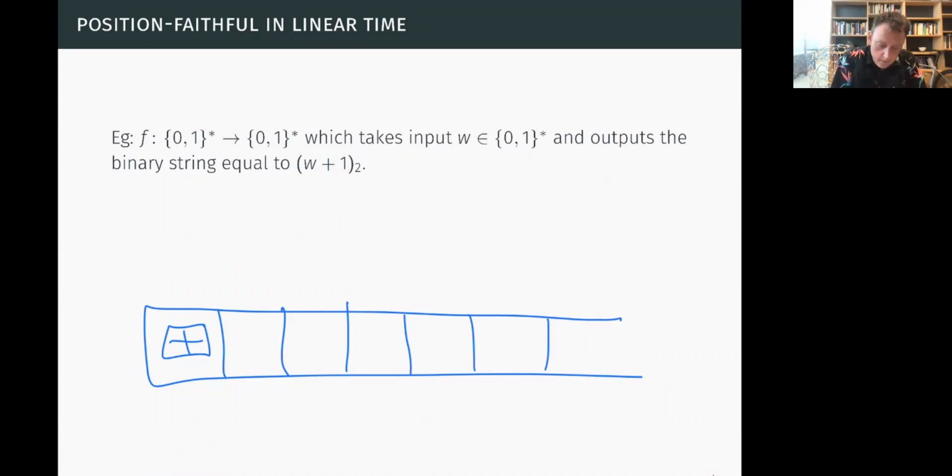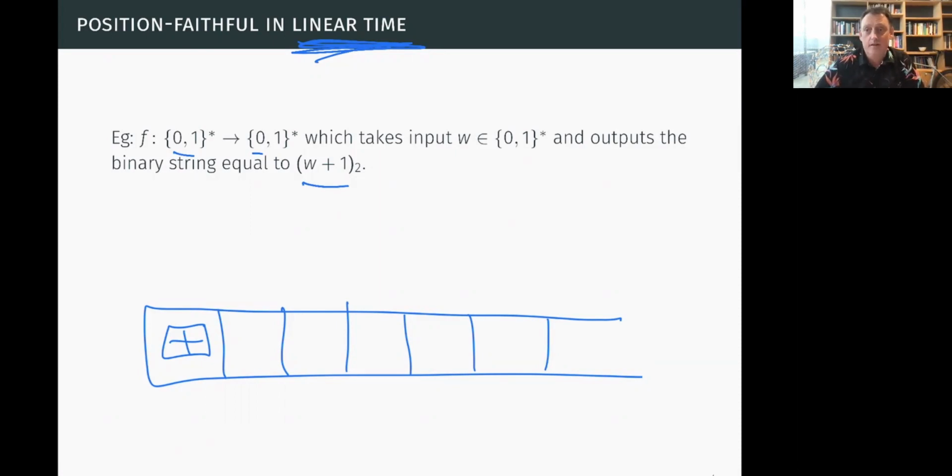So let's do some examples. I've got a function from binary strings to binary strings, and it takes the input a W and it outputs the value W+1 in binary. Is this position-faithful? And my additional question, because maybe you could do this if you had long enough time, is it position-faithful on a one-tape Turing machine in linear time?